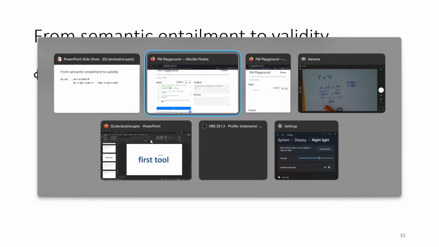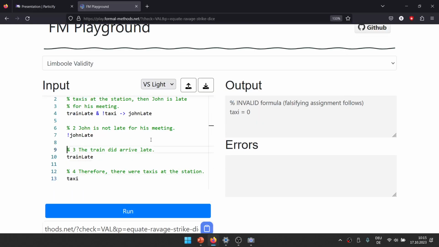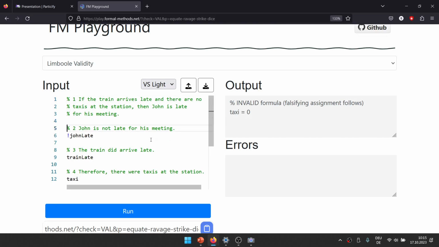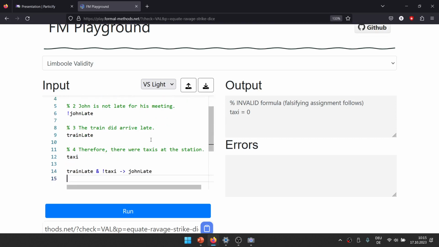So let's do that. This means we have to take the first. Let's do it from the start. Let's put it in parentheses to not mess up with the implication. Then we take the second.